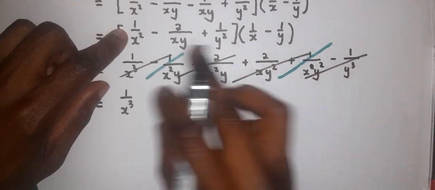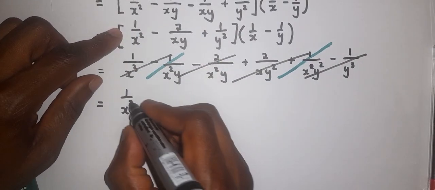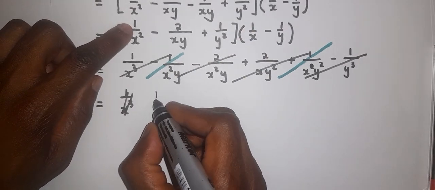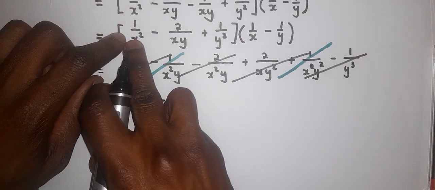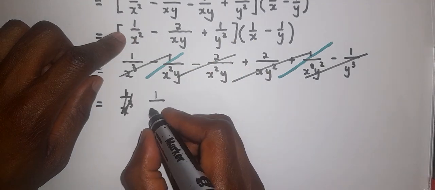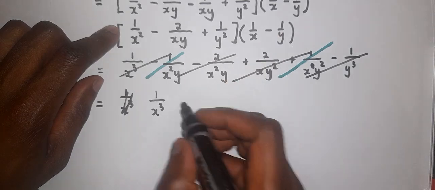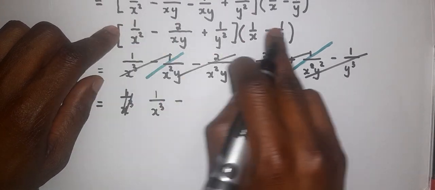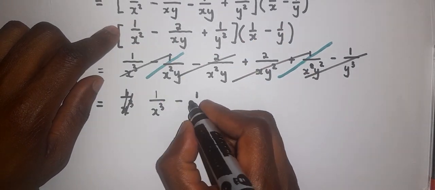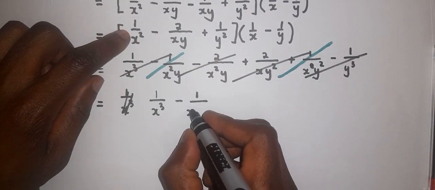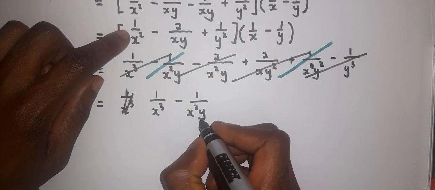So it's positive times a positive, giving us a positive. 1 times this one, it's a 1, divided by x squared times x cubed. Then a positive with a negative, I get a negative. 1 times a 1 is a 1, divided by x squared times a y, it gives me x squared y.